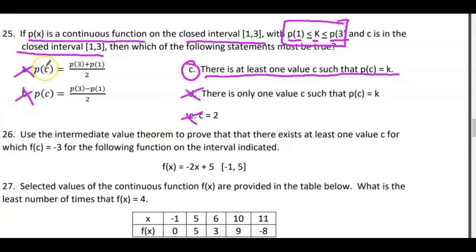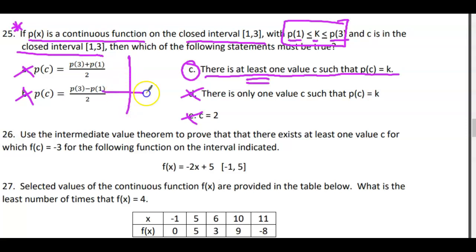The reason I pulled this from a test prep material book, and the reason this might be tempting, is because there's other theorems we're going to learn this year that look a little bit like this, and so people might be tempted to pick one of these. But in this case, it's not as hard for you guys because there's only one thing it can be. It's either C or D, and hopefully you remember it's C. It's at least one.